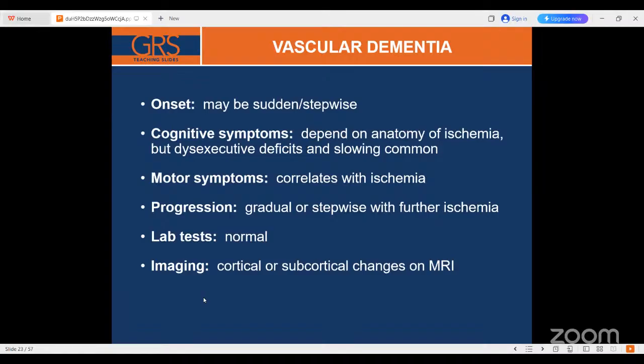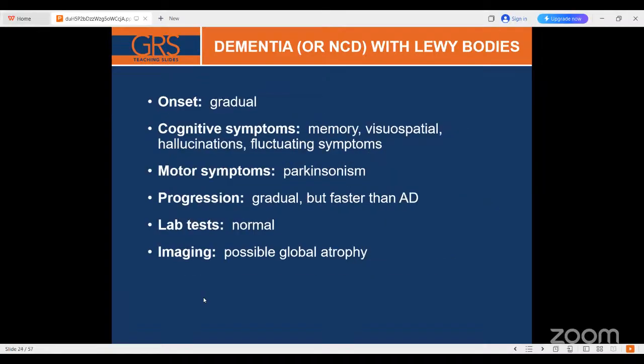The progression is usually stepwise, rapidly, based on the size of the ischemia. Lab tests are usually normal, but CT or MRI imaging, based on the acute onset of ischemia, will show changes in the affected area.